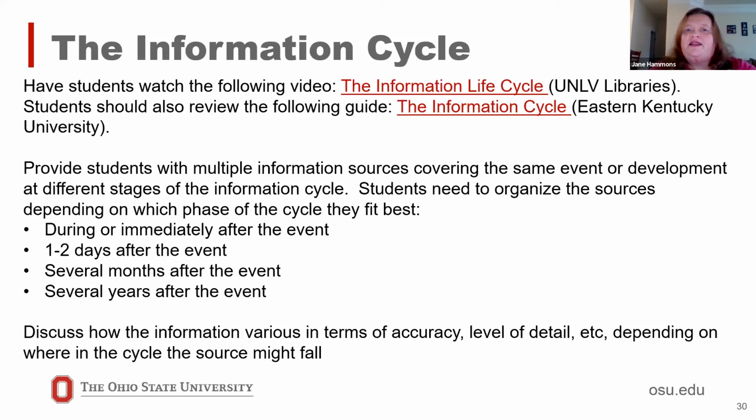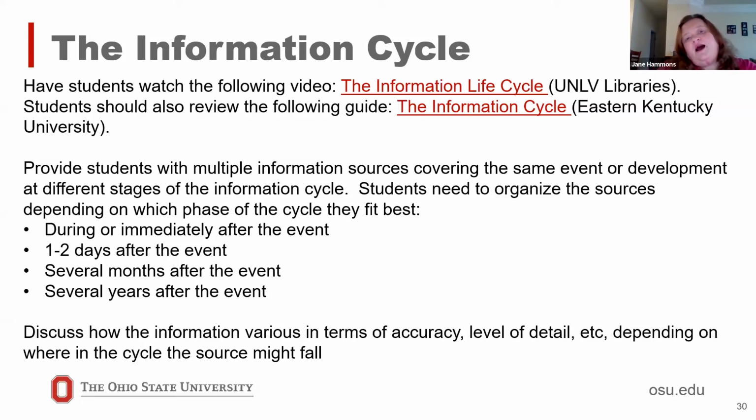So what's being created as an event is taking place, who's creating that information, who's sharing that information, what formats does that information come in, after days or after weeks or after months, how does that change? What new types of formats become available? How does who's creating that information compare to that information that was created immediately or during an event?